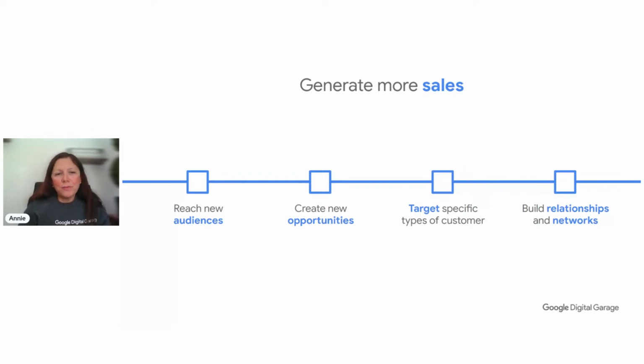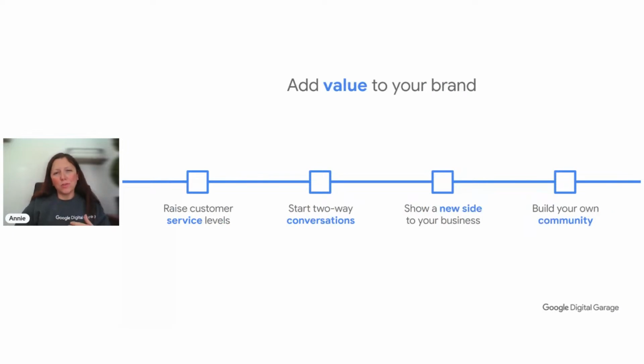So aside from generating more sales, it's also about how we add value. So as we learn more about our customers and we understand their needs, we can add value to them. So a part of that is raising our customer service levels. In some cases, customer service, in many cases actually, trumps everything else in terms of what people are wanting from their experience at shopping.